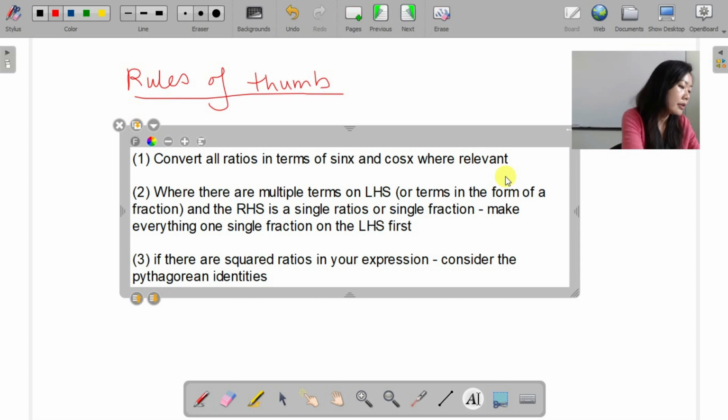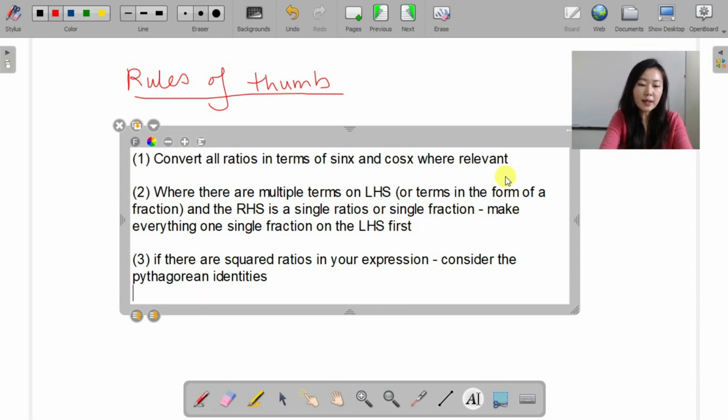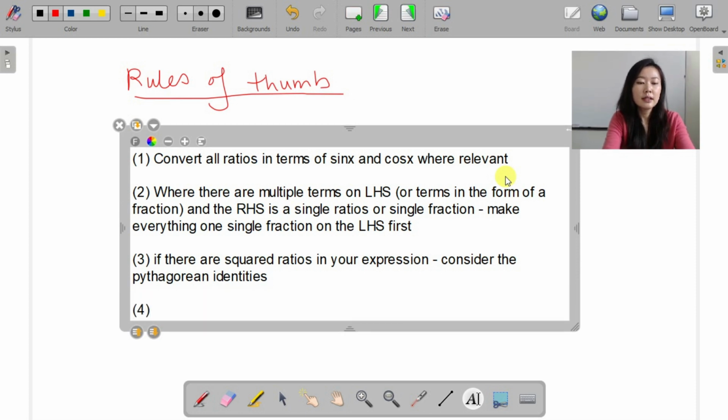All right, so I guess more generally, yeah, focus on factorizing, cancelling out. Those are sort of like the smaller maneuvers you can do.